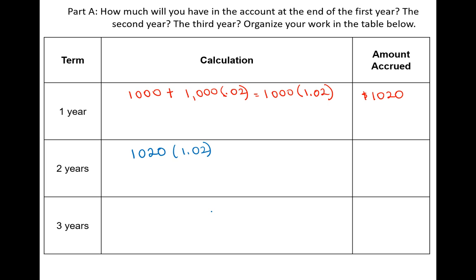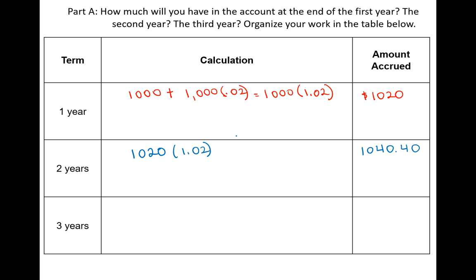So 1,020 times 1.02 gives you $1,040.40. We get an extra 40 cents that we don't get with simple interest. That 40 cents is the interest on the $20.